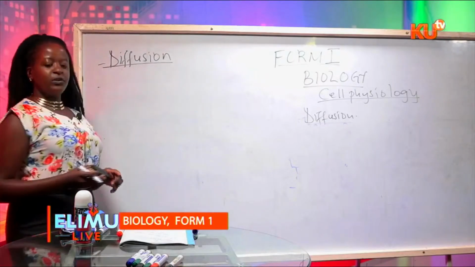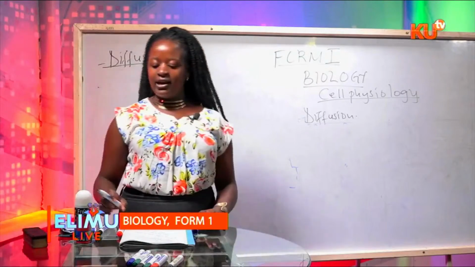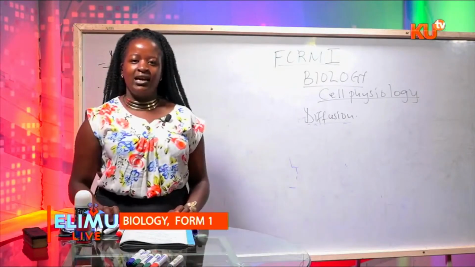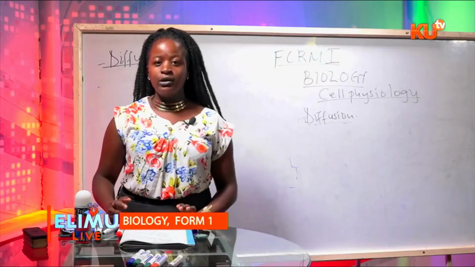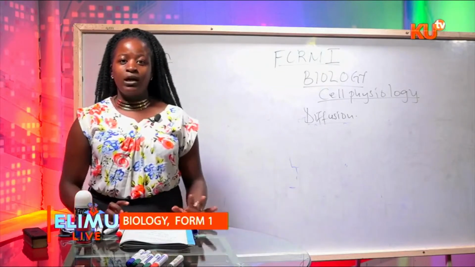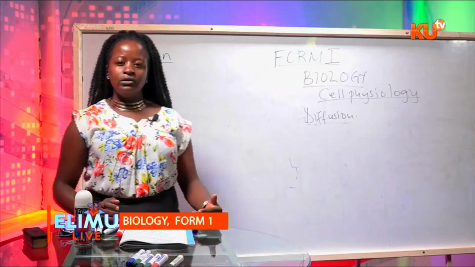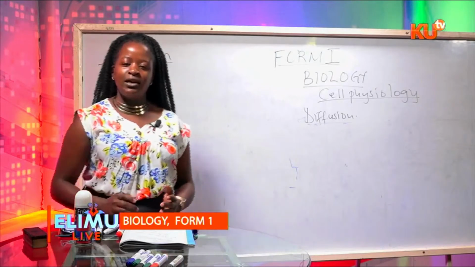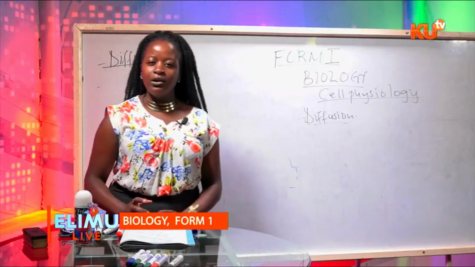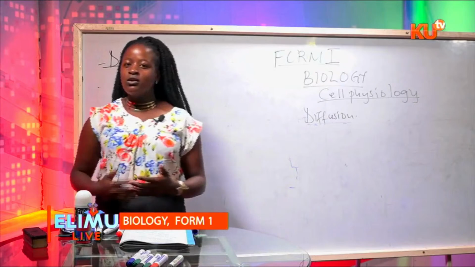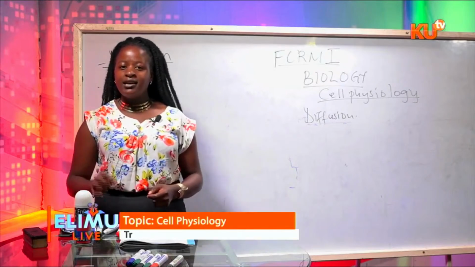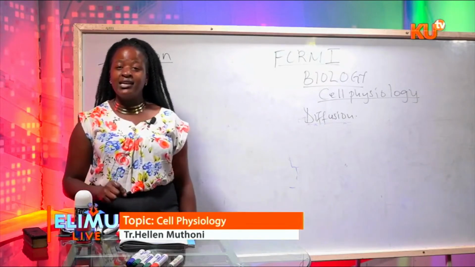And in diffusion, these are the key areas we are going to look at. Number one, we are going to define the term diffusion. What does it mean? We are also going to define other terms related to diffusion, for example, the term diffusion gradient. We are also going to look at experiments that are used to demonstrate diffusion.